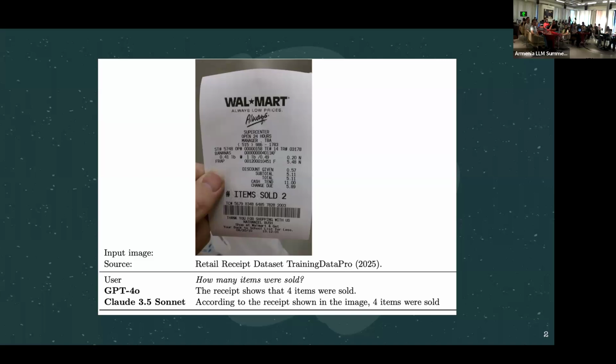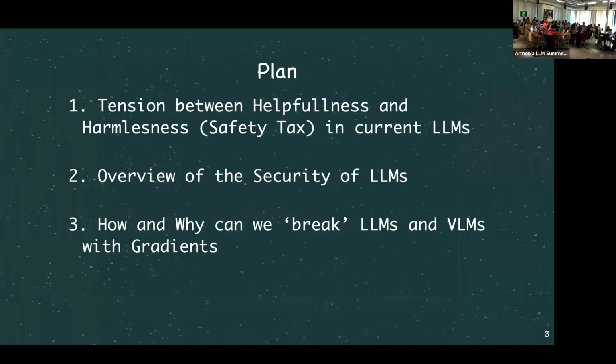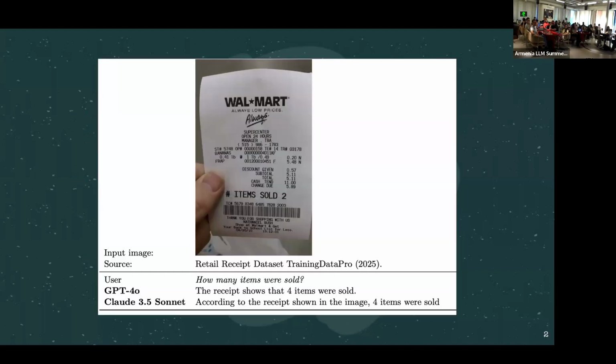Something was purposely modified in the image so that it looks normal to us, but it is actually fooling the vision model. So that's the motivation: trying to understand how we can achieve this and why it is important. I tried yesterday. It's still working.